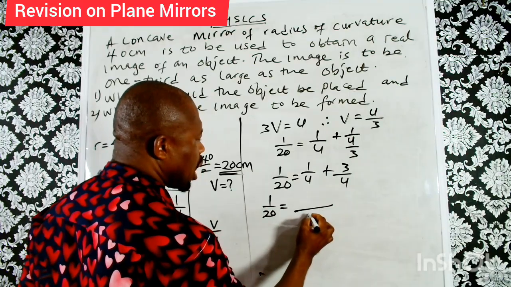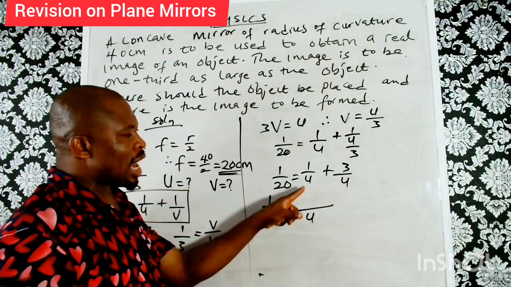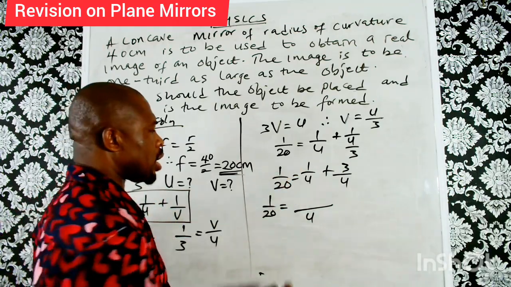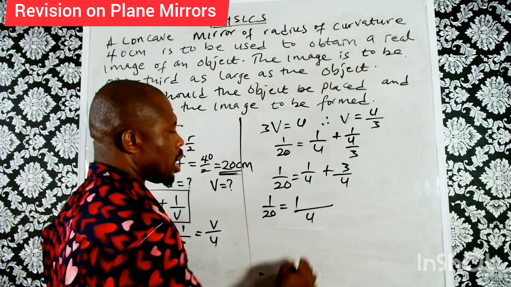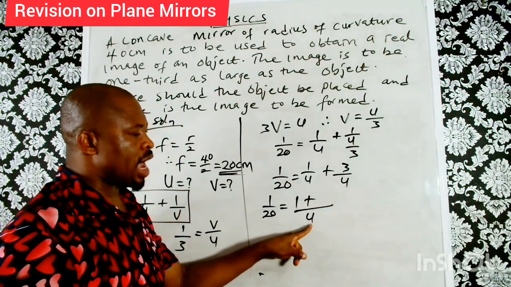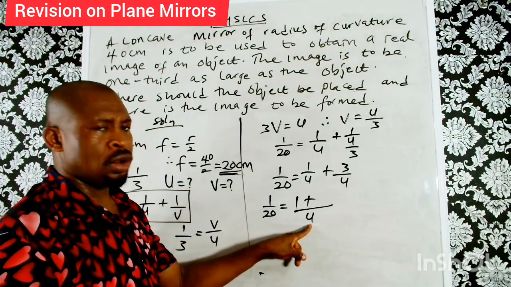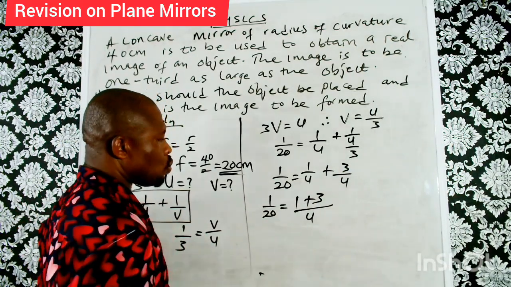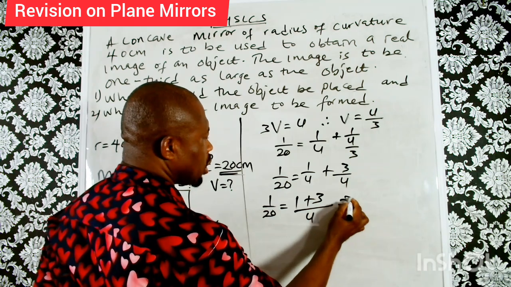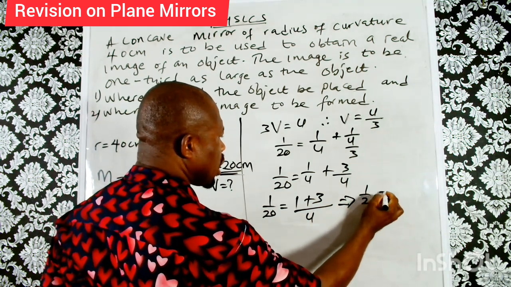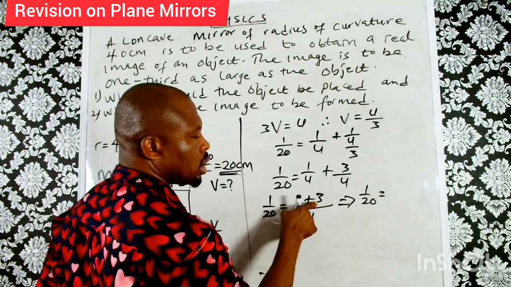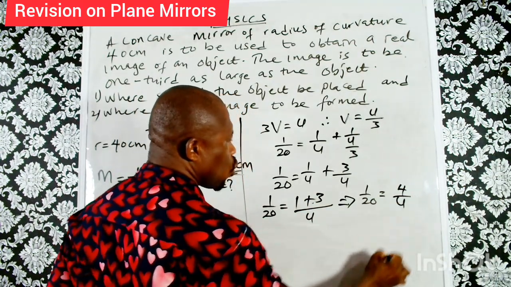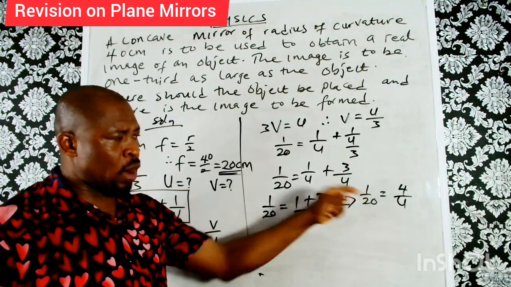The LCM is U. Now U divided by U will give us 1, 1 times 1 will give us 1, plus U divided by U is 1, 1 times 3 is 3, which will give us that 1 over 20 is equal to 1 plus 3, which is 4, all over U. At this point, we can cross multiply.